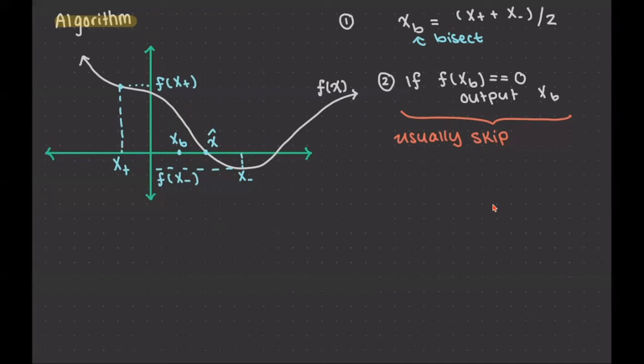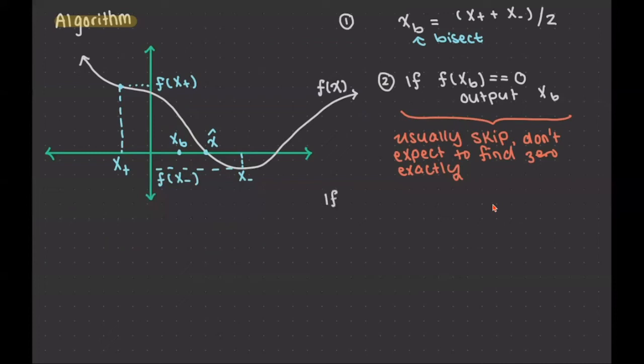So usually skip, because we don't expect to find zero exactly. We're just going to want to find a zero up to some error threshold. This first if statement is just showing you the ideal situation.